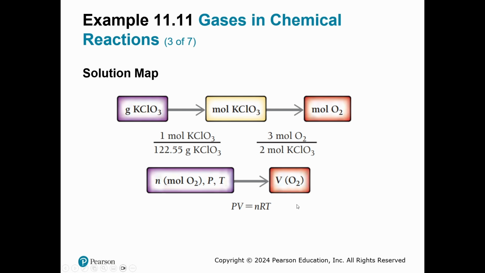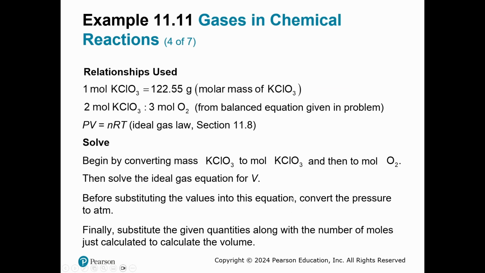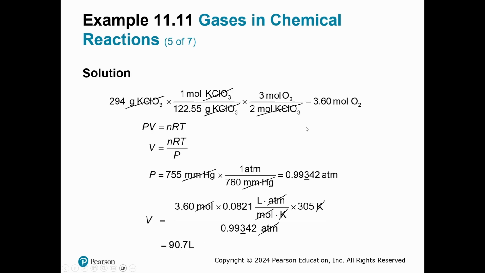So we'll be able to calculate for volume. I think I said calculate for pressure. We were given the pressure of oxygen, so we'll calculate for the volume of oxygen. So using these values, we can plug in. And at the end of the day, we'll figure out that this decomposition reaction yields 90.7 liters. So quite a large volume of gas, a very small room's worth, but still a good amount.